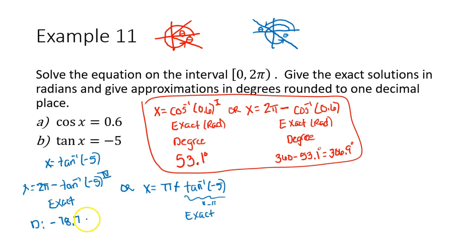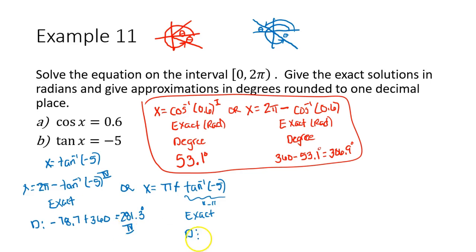But remember, in the calculator, we want to add 360 to this so that we have a positive angle. That gives me 281.3. This is quadrant 4. And this is our quadrant 4 angle right here.